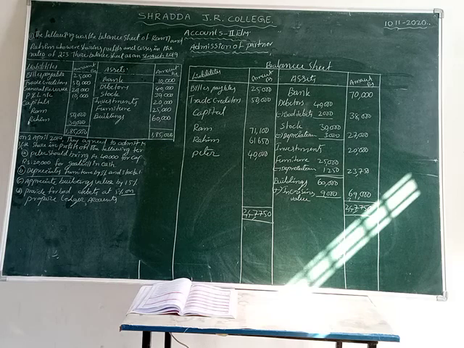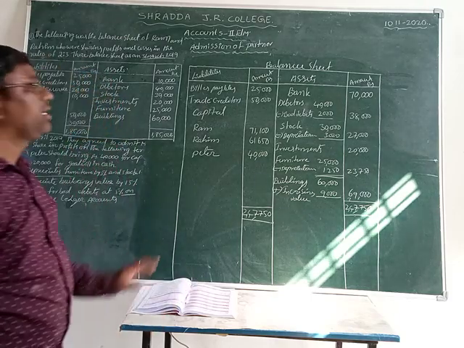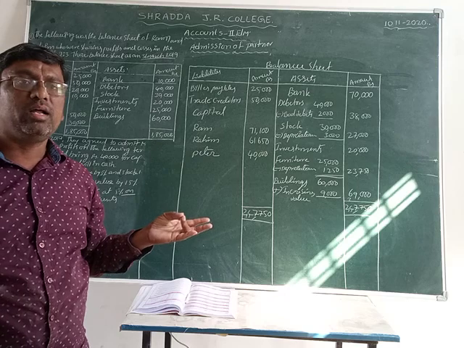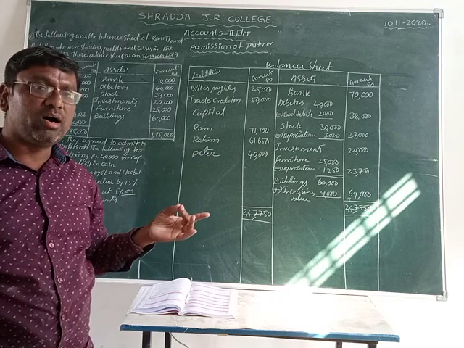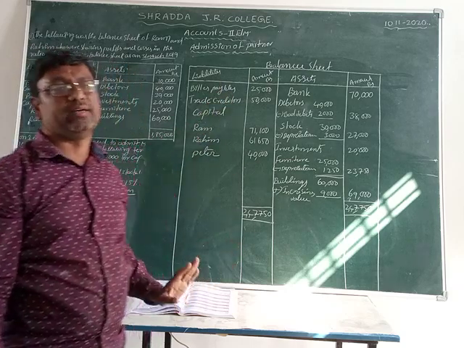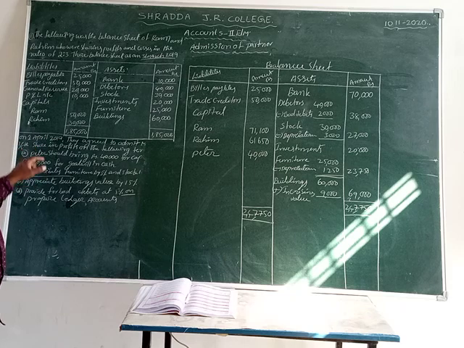This is a 20-marks oriented problem, students. So completely here we did the revaluation account, cash or bank account, goodwill account, partners' capital account, and finally the balance sheet. Here in the question, the adjustments are given, and each and every adjustment we can record two times.